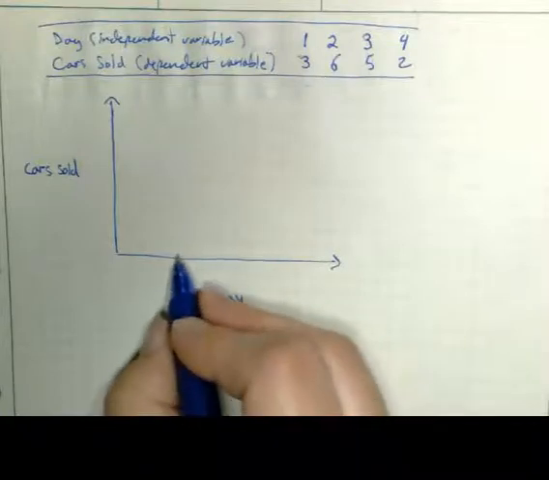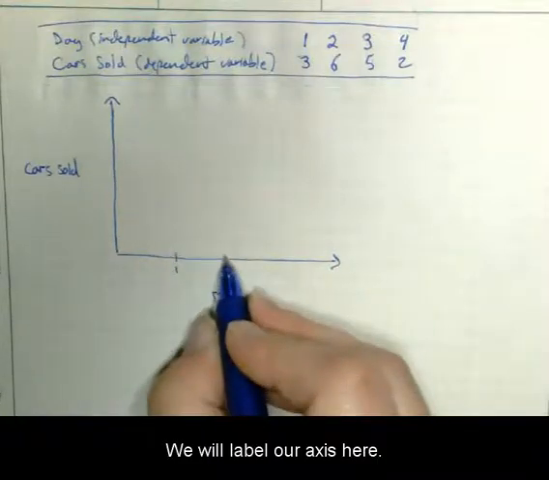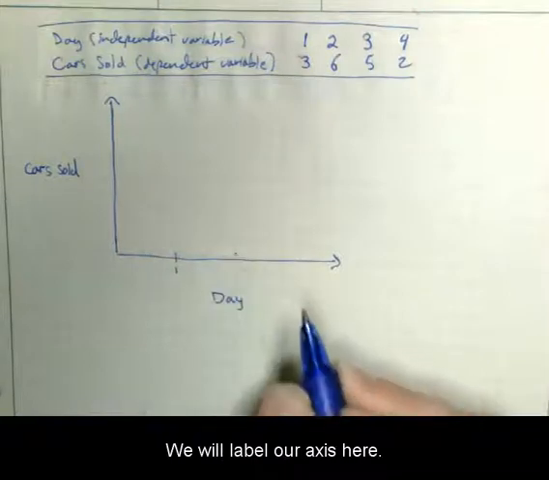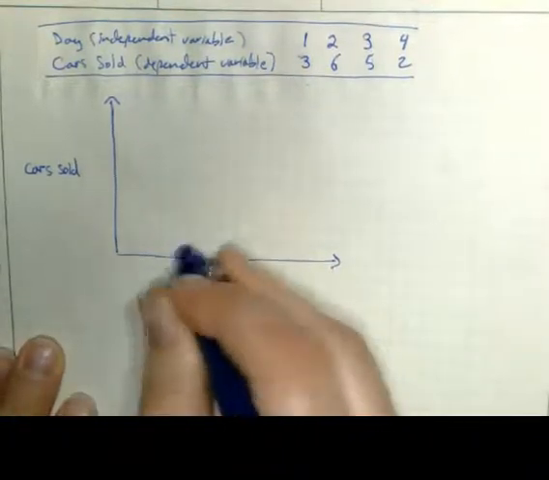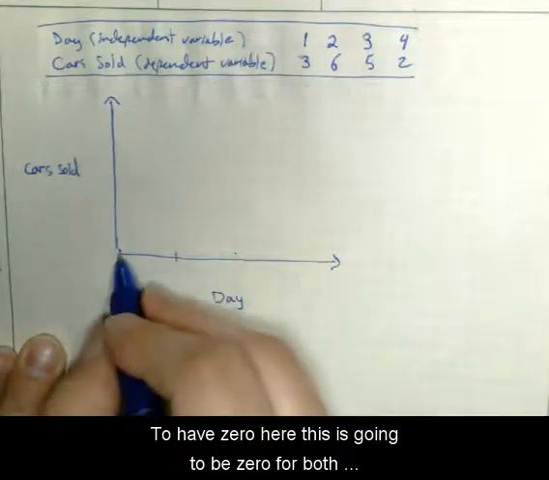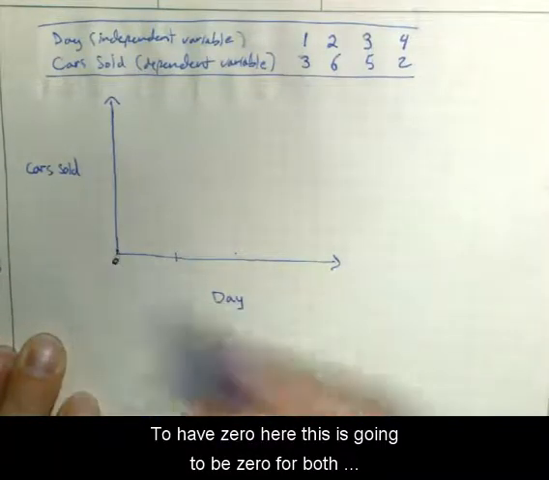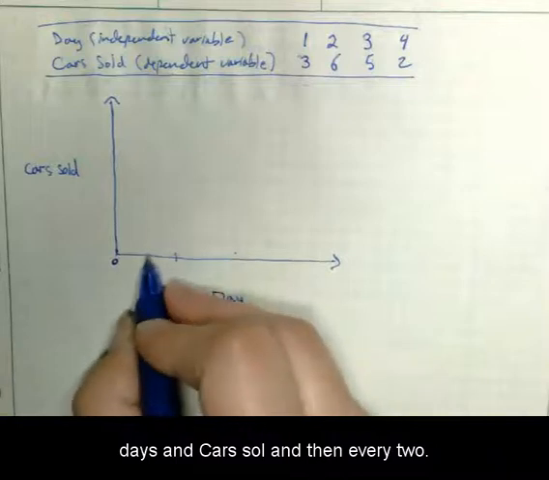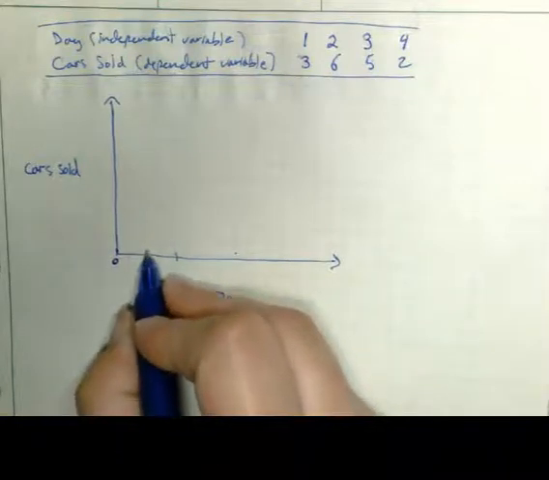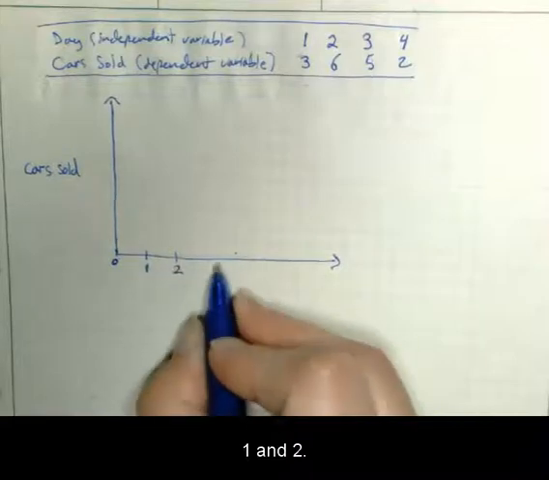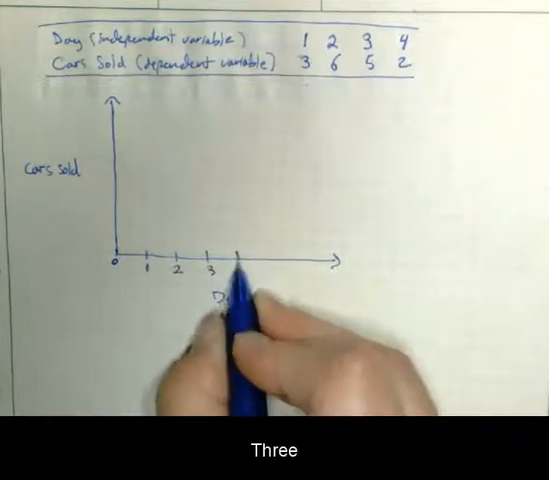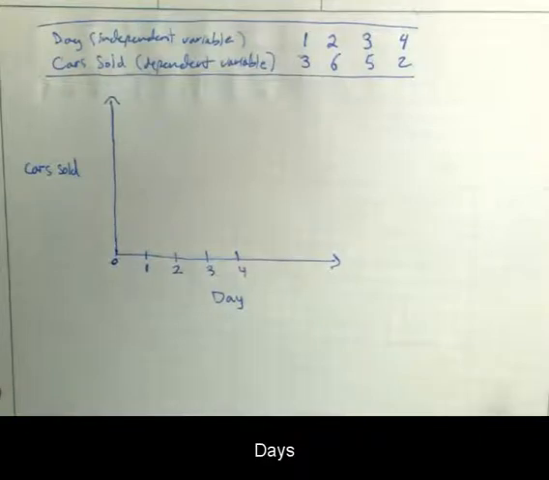We'll label our axis here. So we want to have 0 here. This is going to be 0 for both days and cars sold, and then every 2 units we'll have this be representative of 1 and 2, 3, and 4 days.